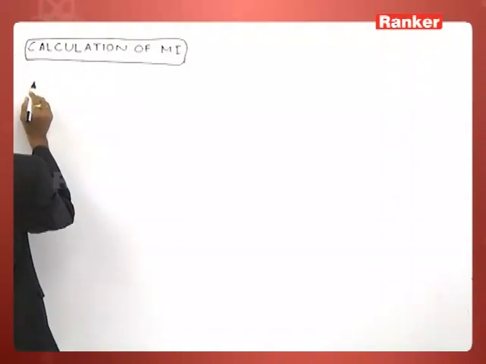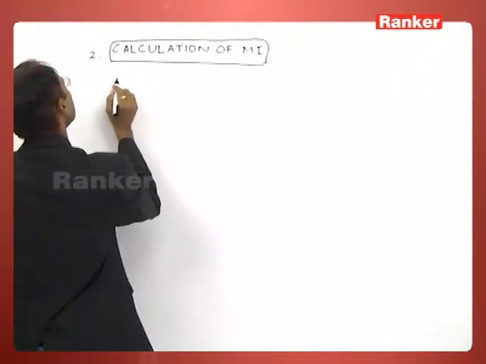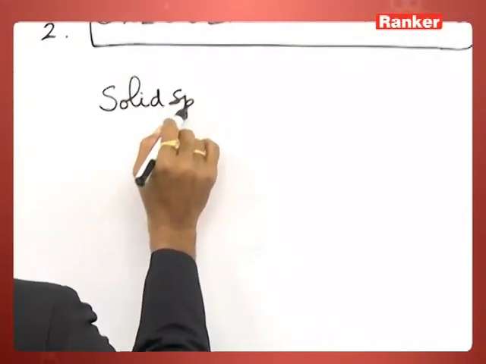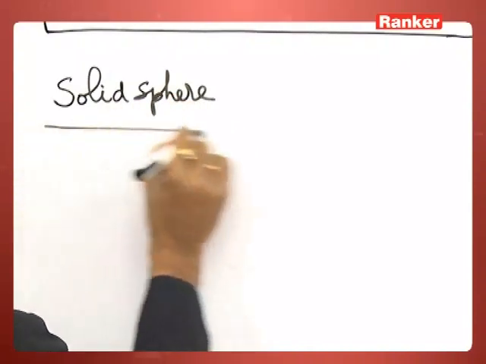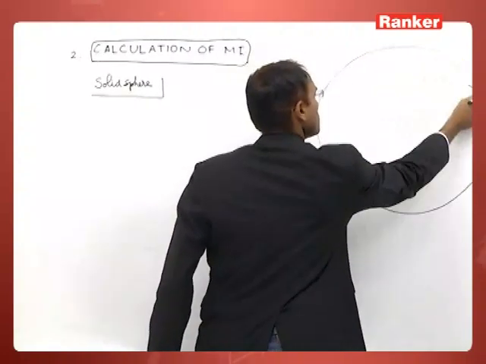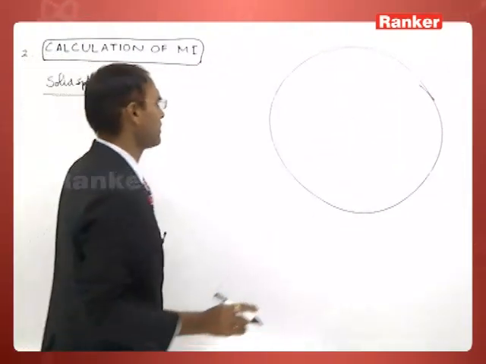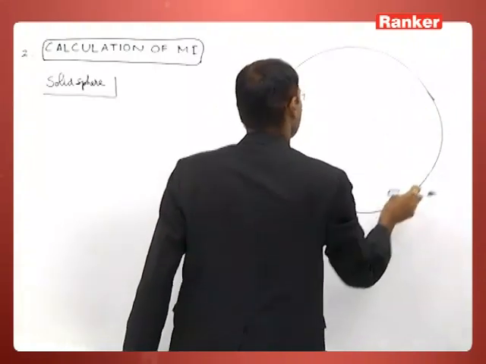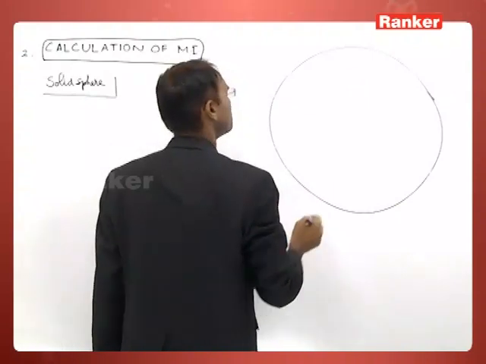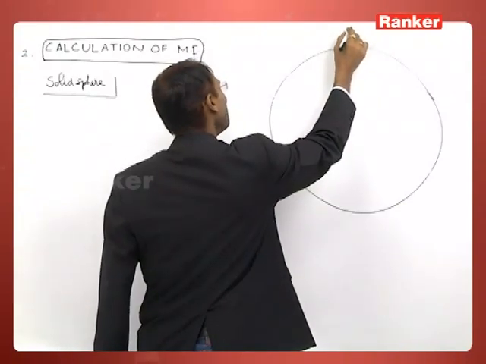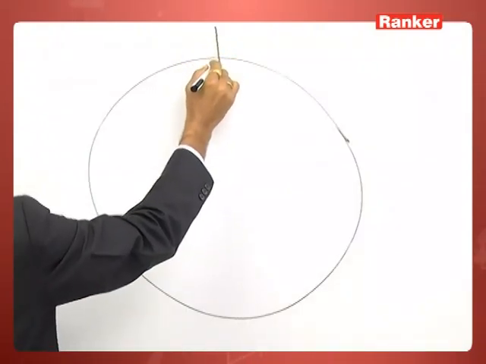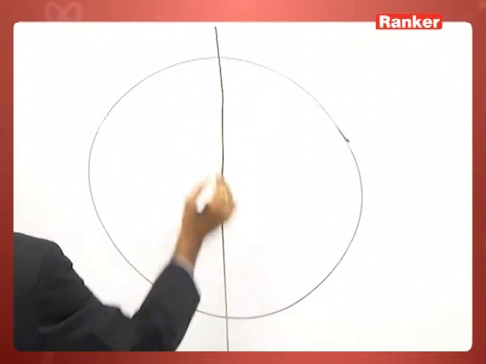Well, let us take the next example of solid sphere. The moment of inertia of a solid sphere. That is a uniform sphere, and we choose any diametrical axis or any centroidal axis.